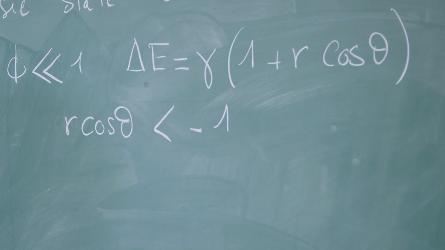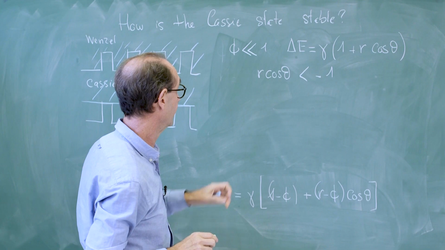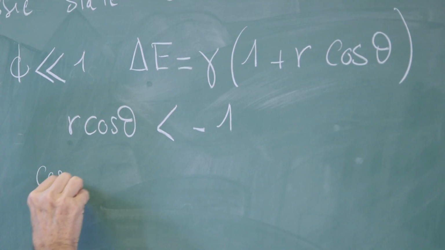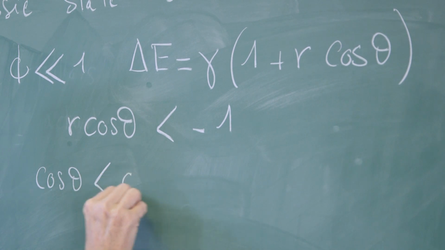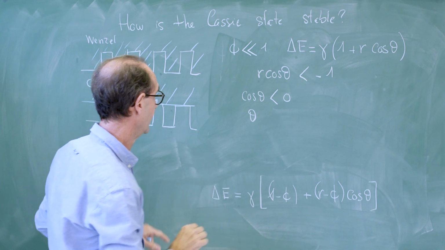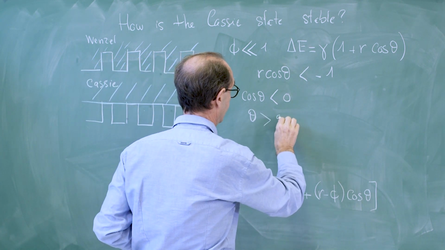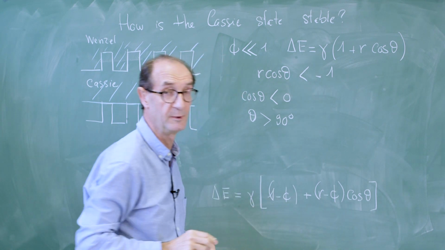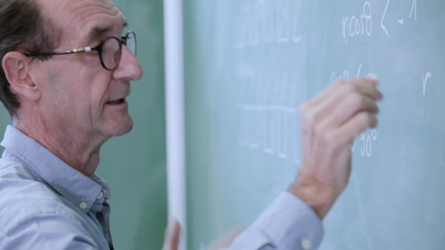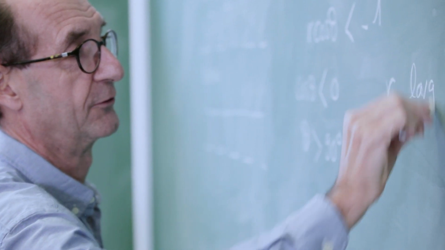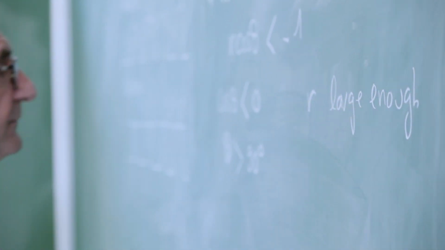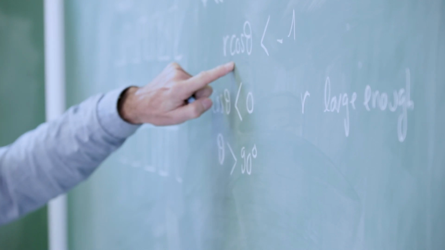So in order for this relation to be valid, considering that R is larger than 1, implies that cosine theta must be smaller than 0, implying that the contact angle on the material should be larger than 90 degrees. That is, the material needs to be hydrophobic. And then, in addition, R must be large enough, that is to say larger than 1, but it can vary depending on cosine theta.